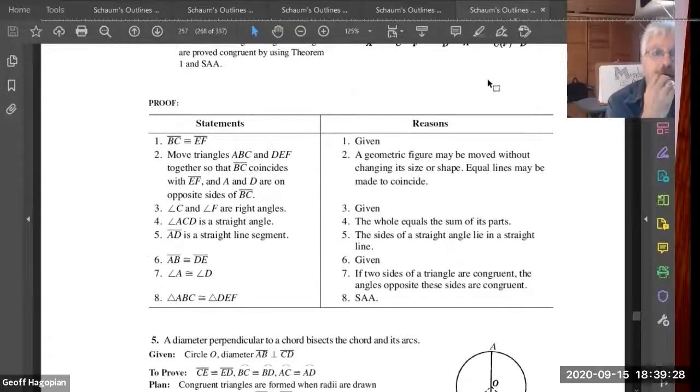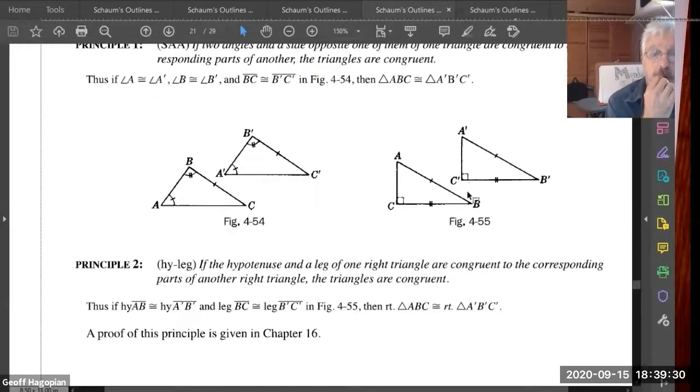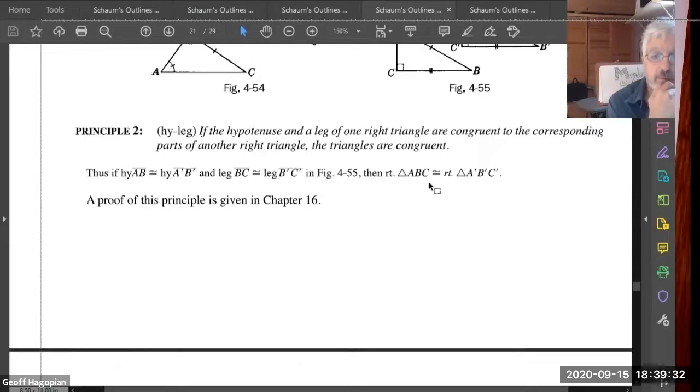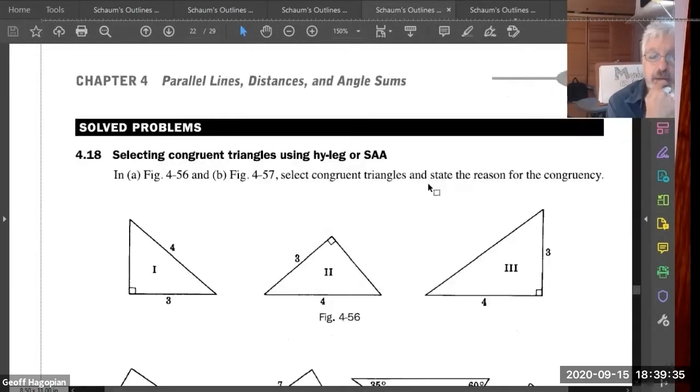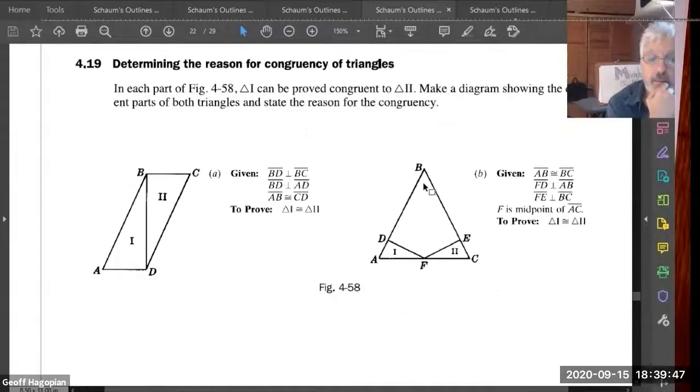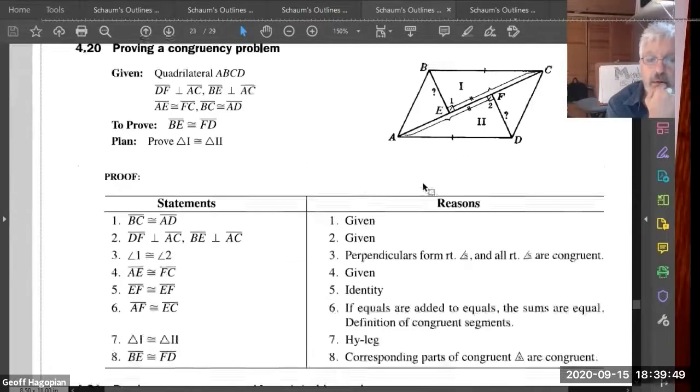Okay, we can come back to this, but let's go back to where we were. Hypotenuse leg. So we just proved that by going to chapter 16, and I will make that available for you. Selecting congruent triangles using hypotenuse leg or side angle angle. We got a bunch of solved problems there.